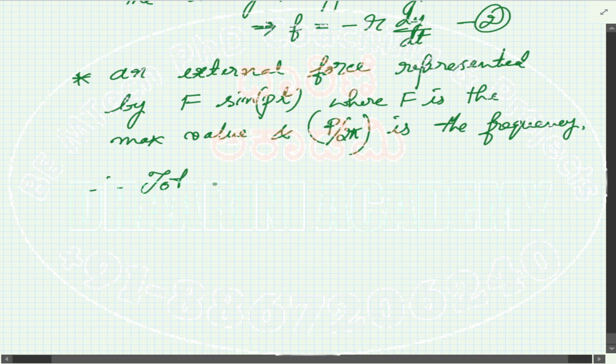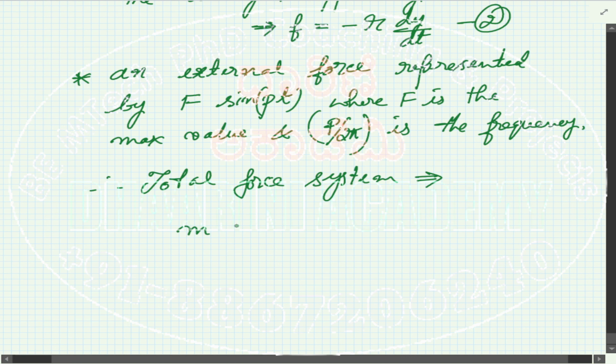Therefore, the total force system is denoted by the following equation. The total force, m into a, is generated by the particle which is oscillating.